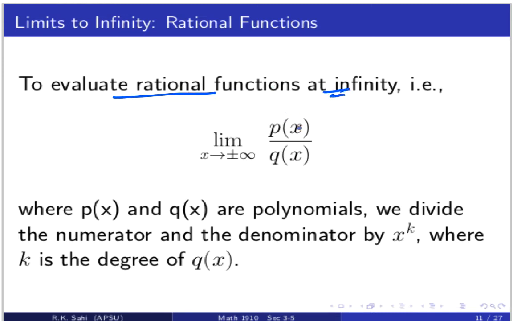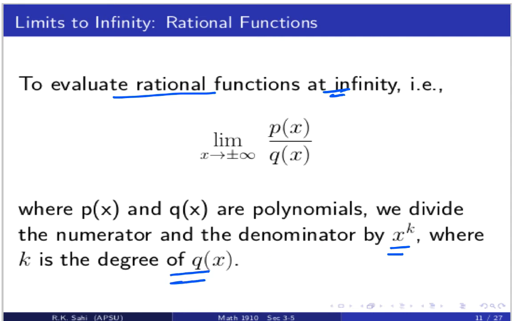What's a rational function? It is a polynomial over a polynomial. Now, we're going to take the limit as x approaches plus or minus infinity of a polynomial over a polynomial. To do these problems, what we do is divide the numerator and the denominator by x to the power k, where k is the degree of Q(x).